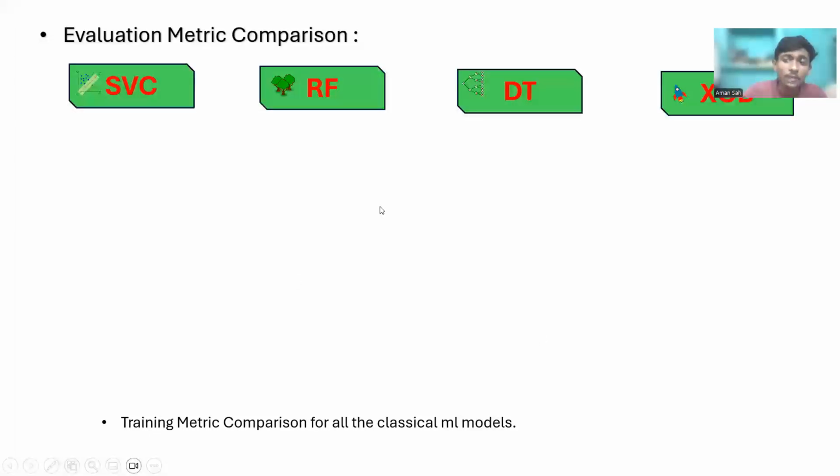So till now, in the classical ML approach, we have experimented with four models: SVC, RF, decision tree, and XGBoost. RF represents random forest. As a machine learning engineer, we experiment with different features, different versions of the data set by extracting different features, and different model architectures, whether classical ML or deep neural networks. Then we evaluate on a test set and get the metrics.